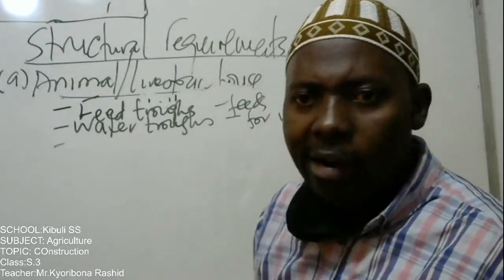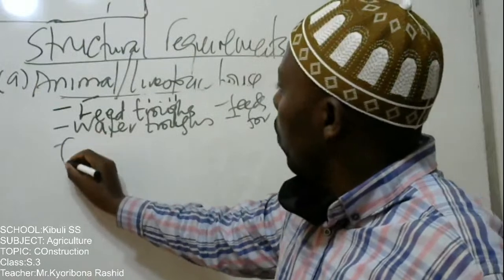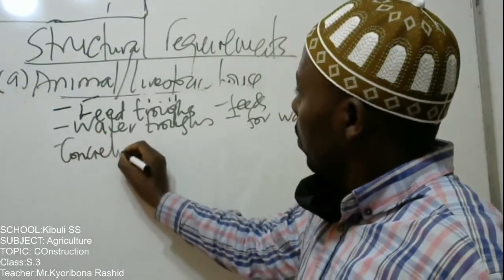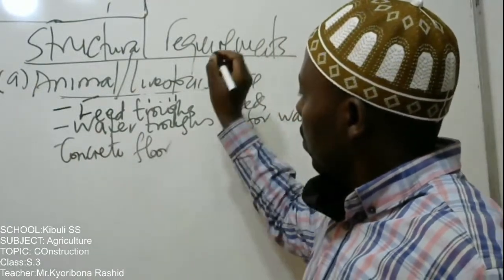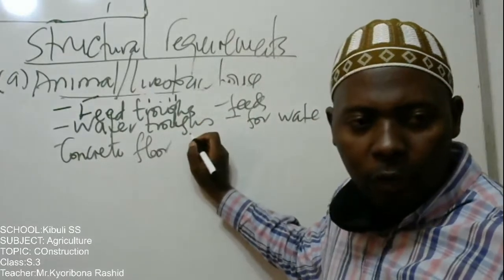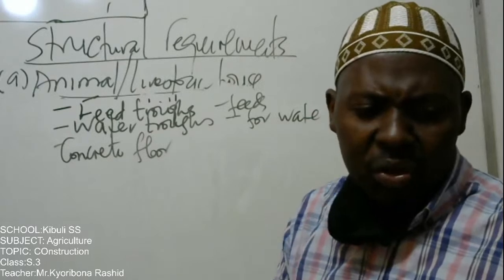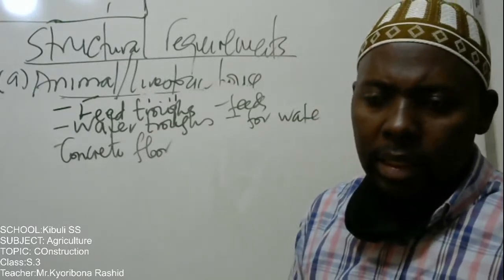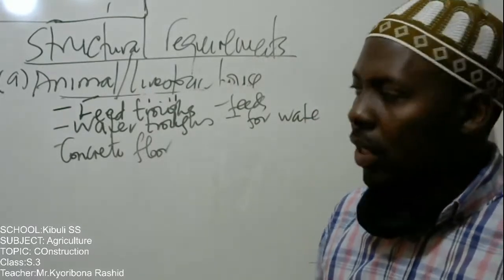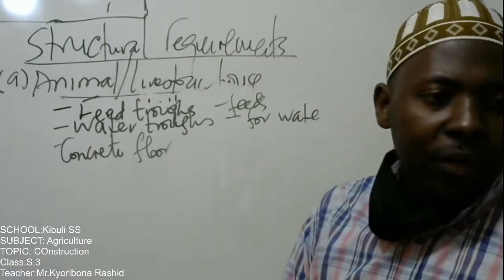We can also have a concrete floor. Why a concrete floor? We need to collect manure, liquid manure. We need to collect dung. Okay, we need to maintain hygiene. That's why you have a concrete floor.